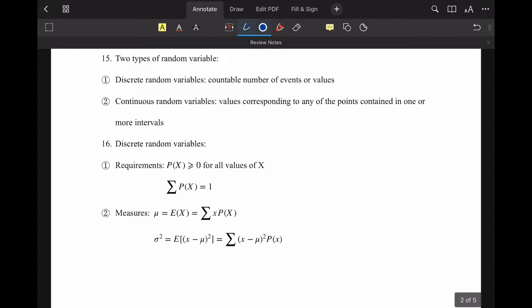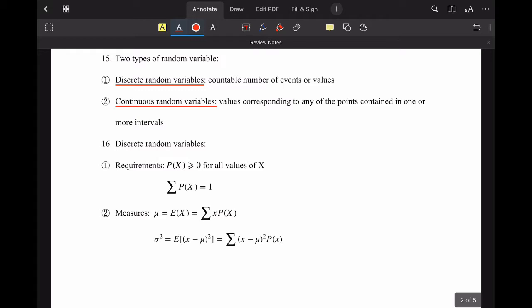So as you can see here, basically we have two types of distribution. The first one is discrete random variables, and the second one is continuous random variables. The difference is that the first one is countable. There is, I can say, a finite number of sample points, and the sample points are discrete from each other.